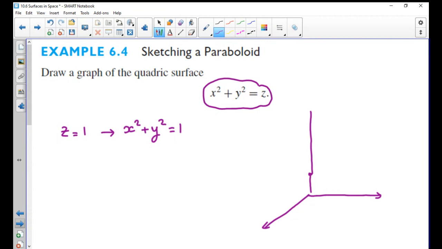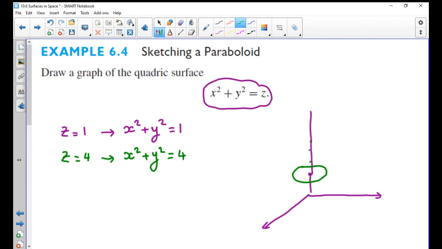Can you imagine that? You have a cylinder like this, but I want to look at it only when z is equal to 1. So only at one particular height. So at z equal 1, I will get a circle of radius what? Of radius 1. So at z equal 4, for example, I get a circle of radius 2.